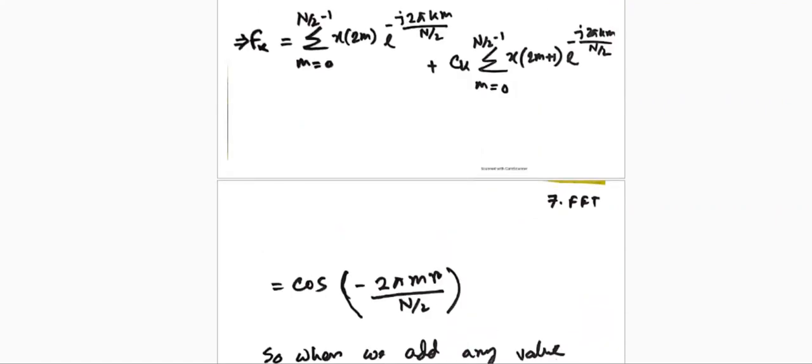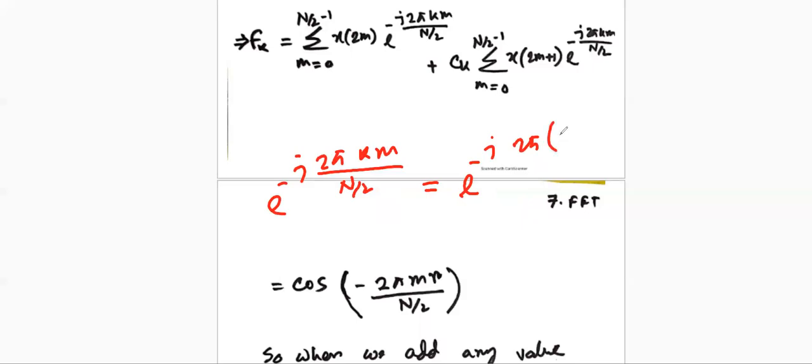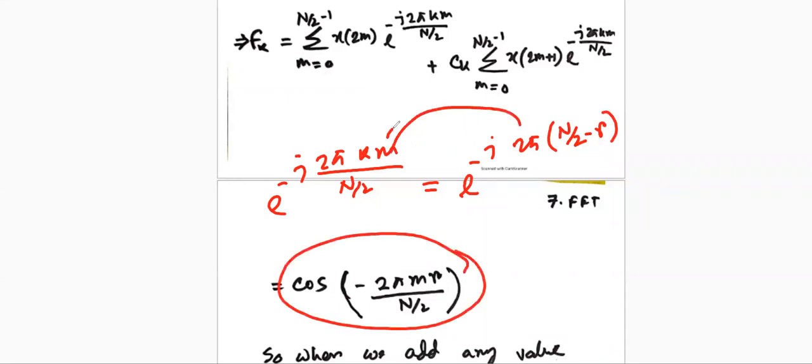I can write the things again: e to the power minus j twice pi k m divided by n by 2 is equal to the value of minus j twice pi, if you put the value k equals n by 2 minus r. In that case, we come back to the original value.